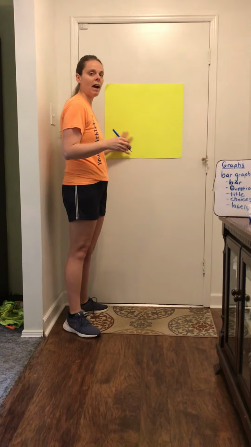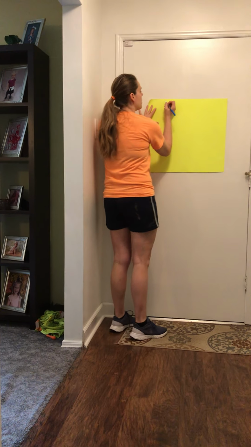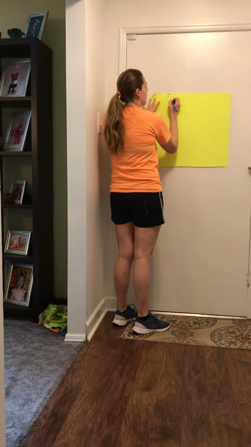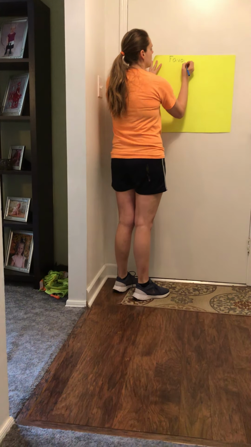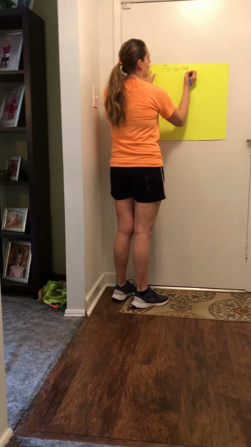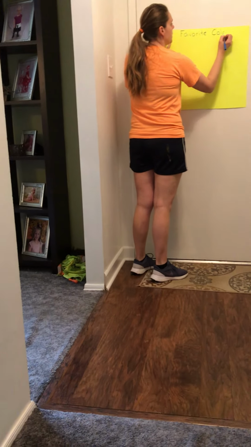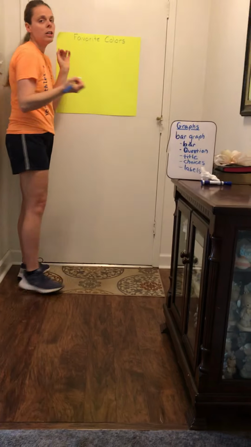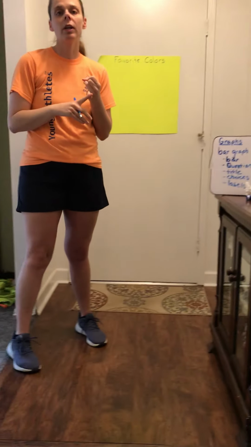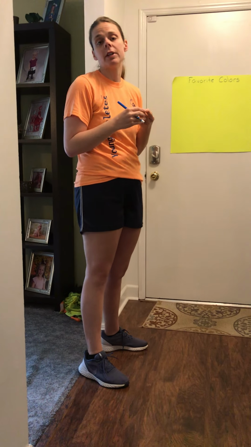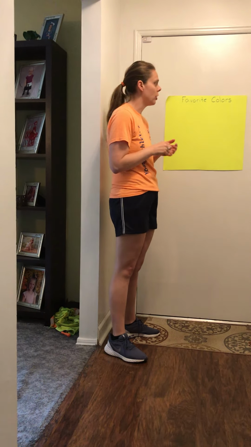The name of our graph and of all the data would just be favorite colors, so that goes up at the top. It's important to always have a title, just like stories, books, movies, magazines, and songs have titles. That way the person that's listening or reading knows what you're talking about.